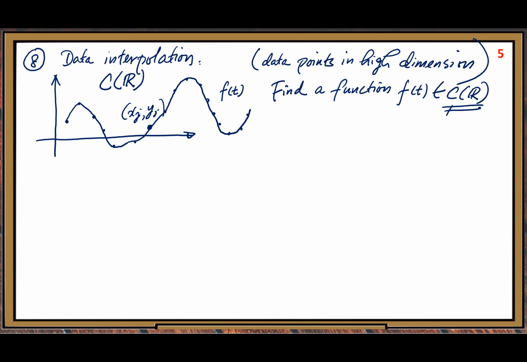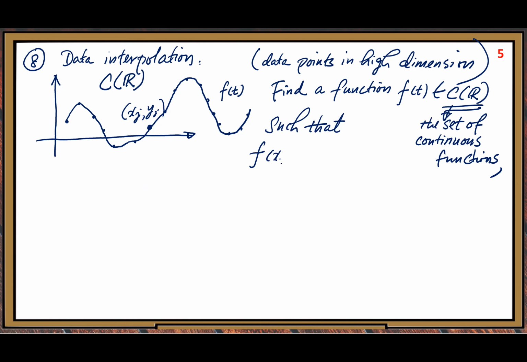This means the set of continuous functions. Find a continuous function such that f of xj equals yj for this j.